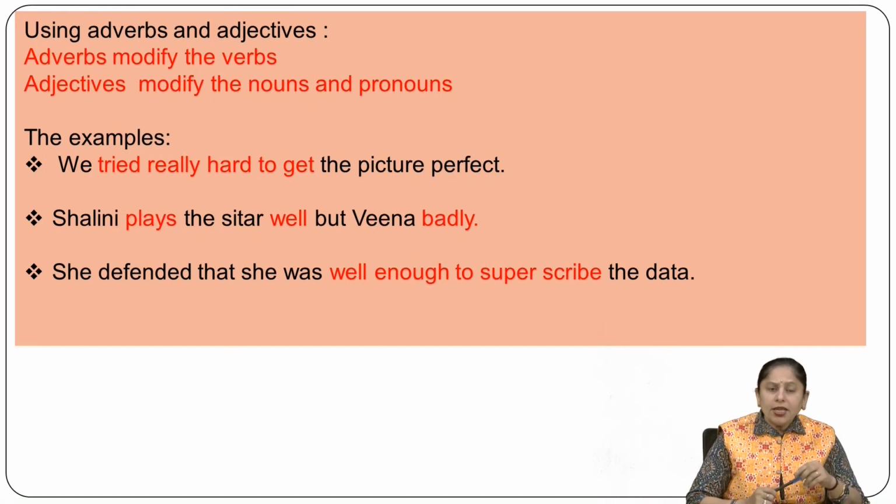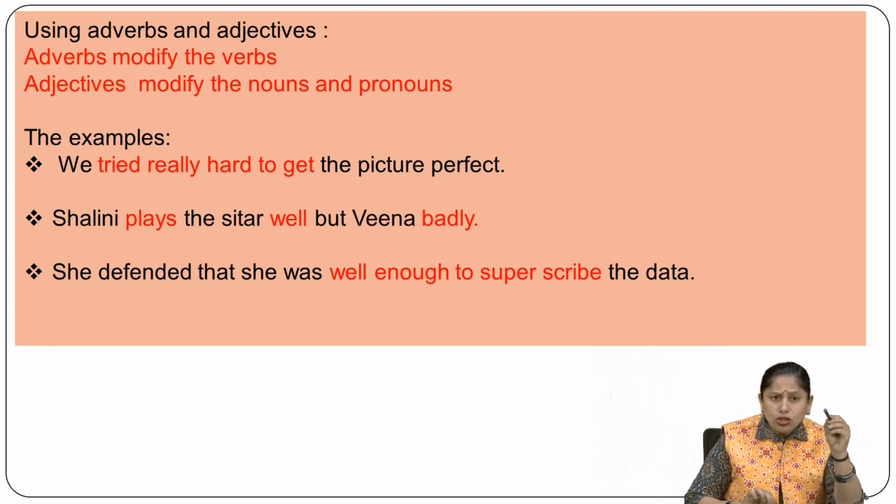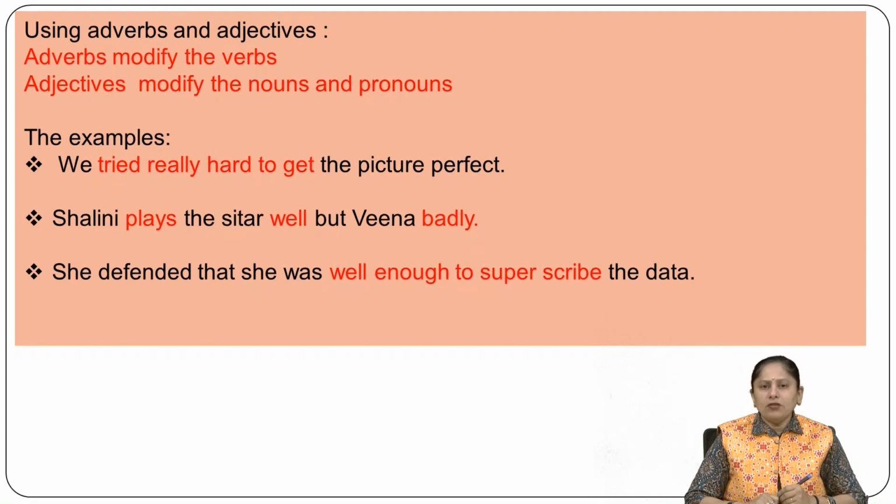So naturally, the words that talk something more about the verbs, those are adverbial phrases, and these are the adverbial modifiers which we had seen. Now there is one other line which is also mentioned over here in the beginning of the topic. You can see over here, adjectives modify the nouns and pronouns.